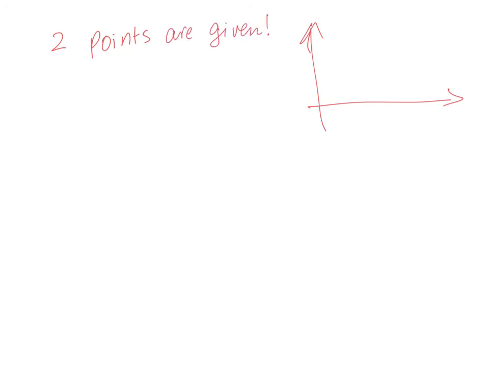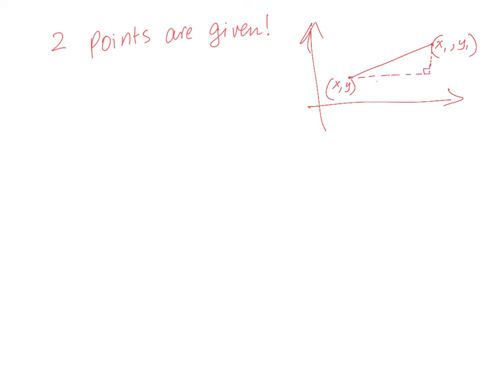Now if they want you to use two points, and they are given, let's say these 2 points are given, and this coordinate is x and y, and this one is x1 and y1. And you can switch the positions.